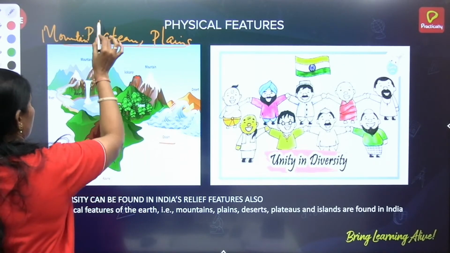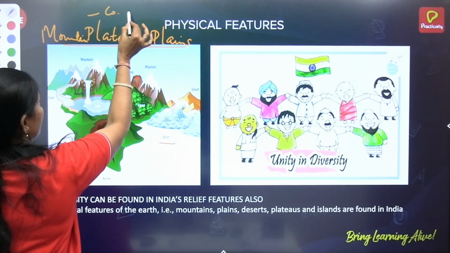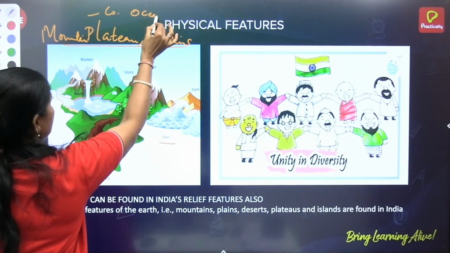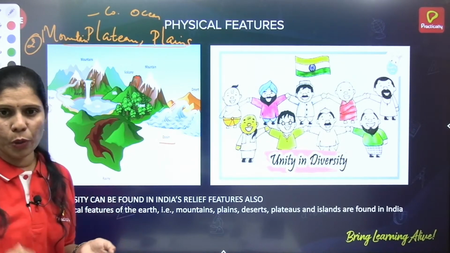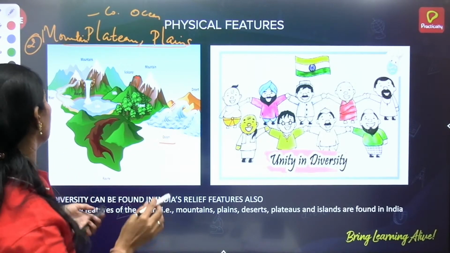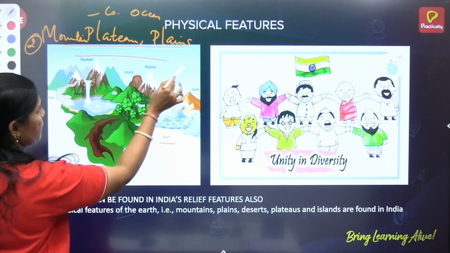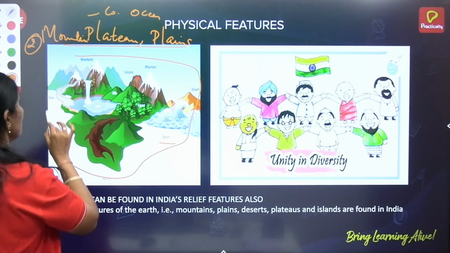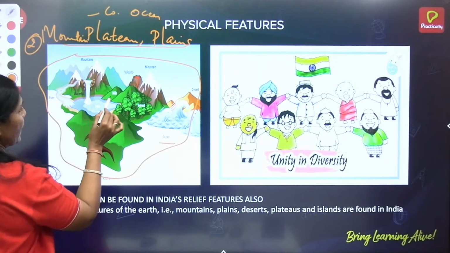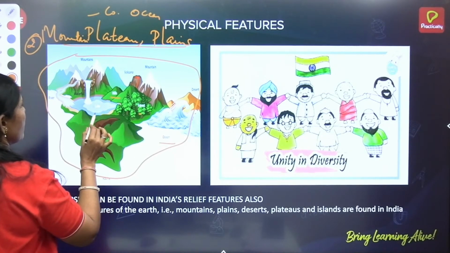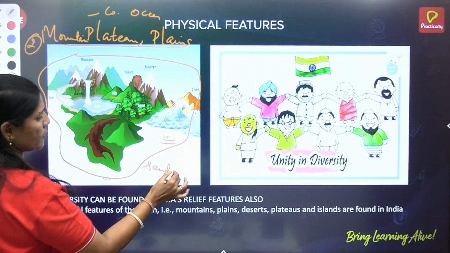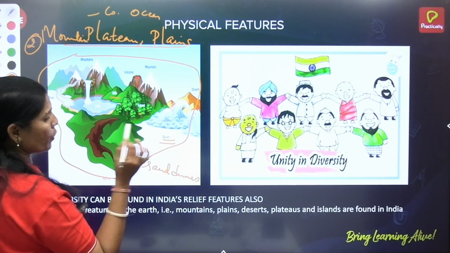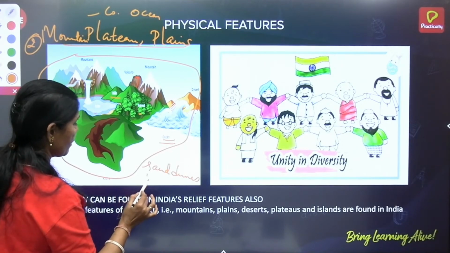First form, continents and oceans. Second form is this. And again, if we go deeper, we find these are the different types of land features: hills, forests, lakes, oceans, sand dunes. There are many more.